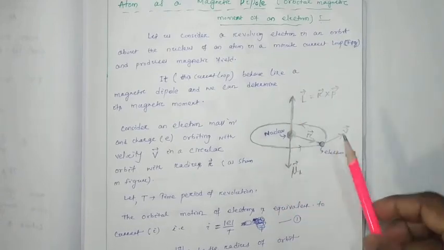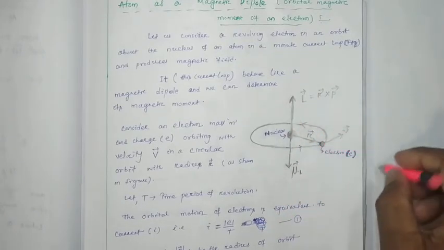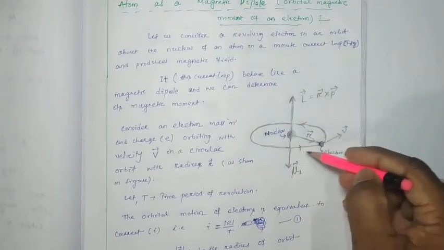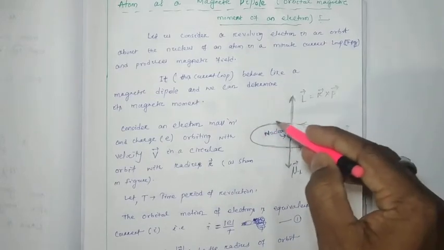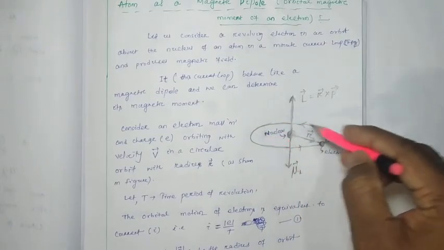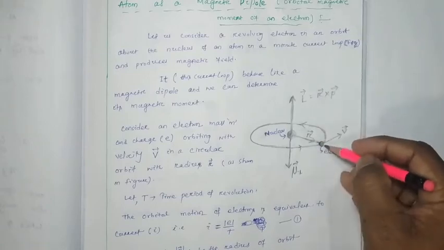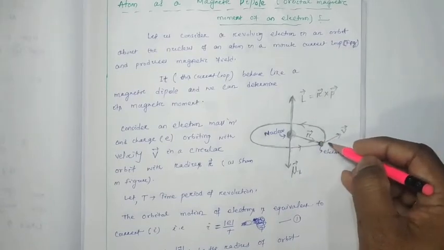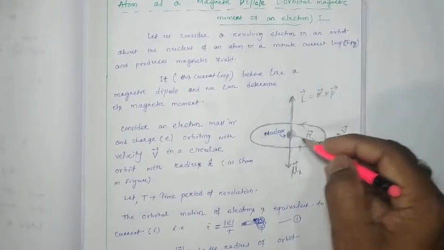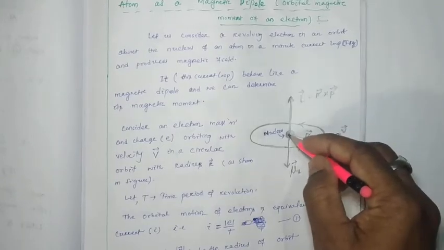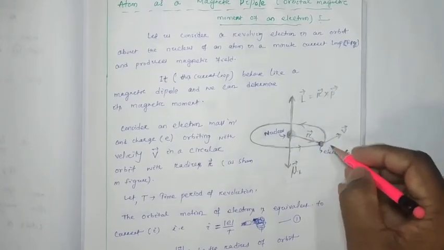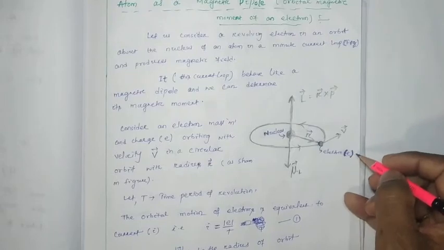The electron orbits around the nucleus in the anti-clockwise direction with tangential velocity v, and r is the radius vector from the nucleus to the electron.